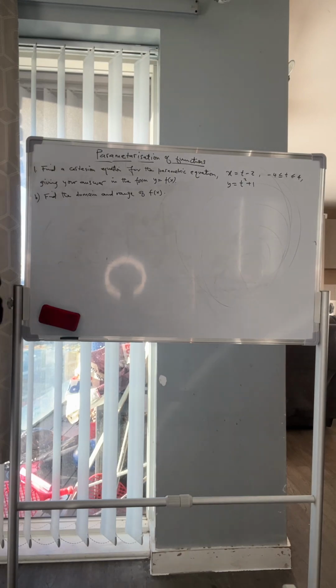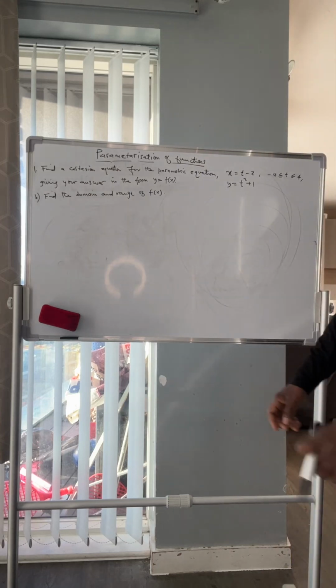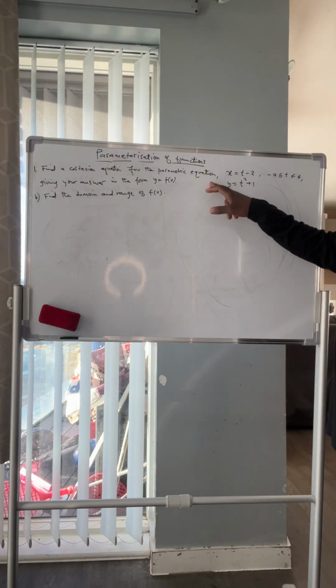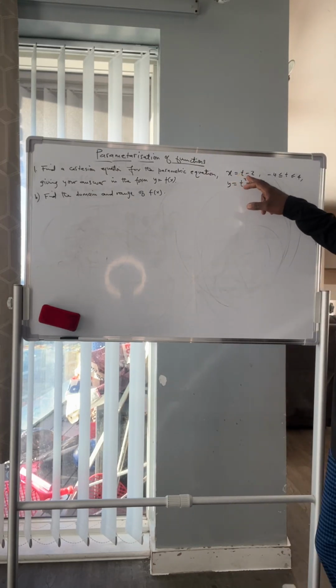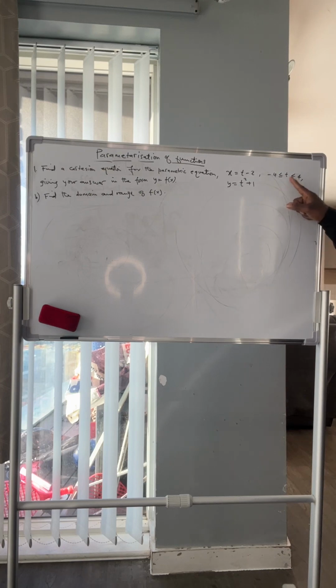What is left now for us is to solve problems and see how this idea is conveyed. You have a question here, and it says, find a Cartesian equation for the parametric equation x equals t minus 2, y equals t to the power of 2 plus 1, and you are given the range of this t value.